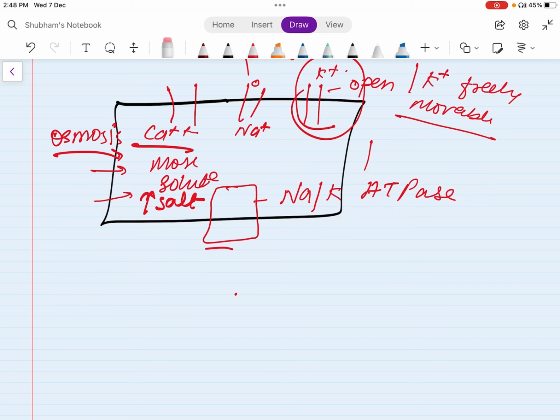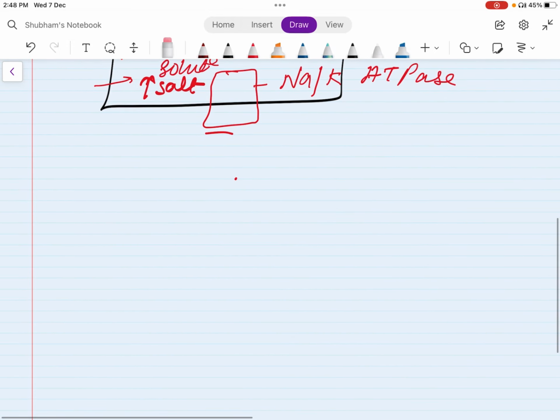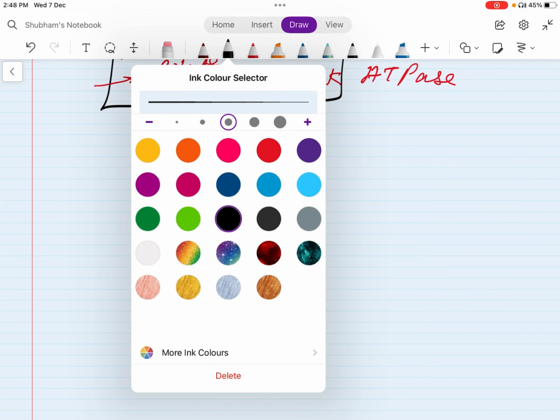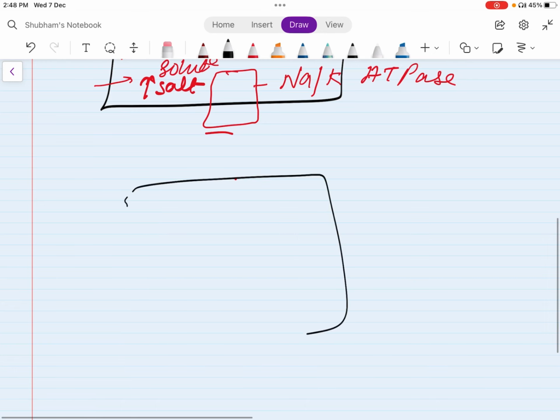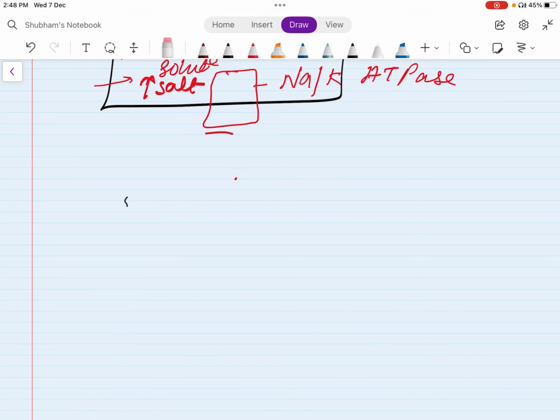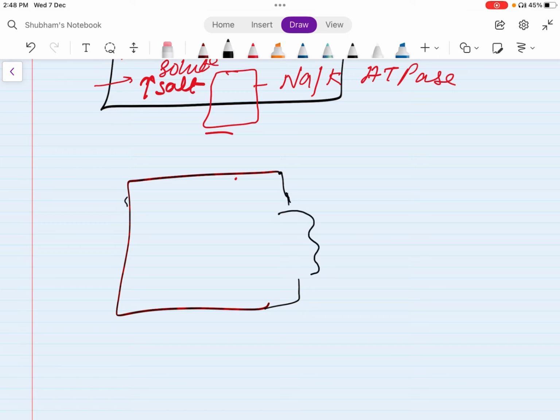But how does this sodium potassium ATPase maintain the balance? When we look in depth at this channel, we see it has a very special constitution. This is how a sodium potassium ATPase looks.